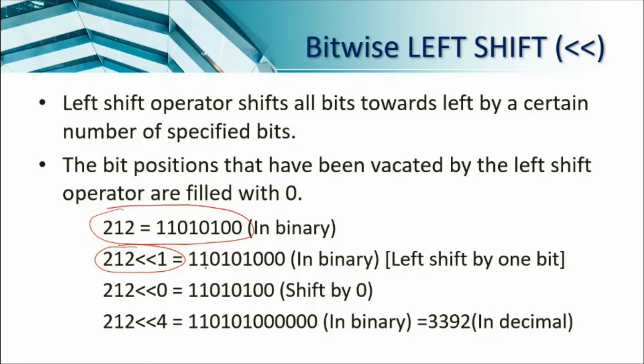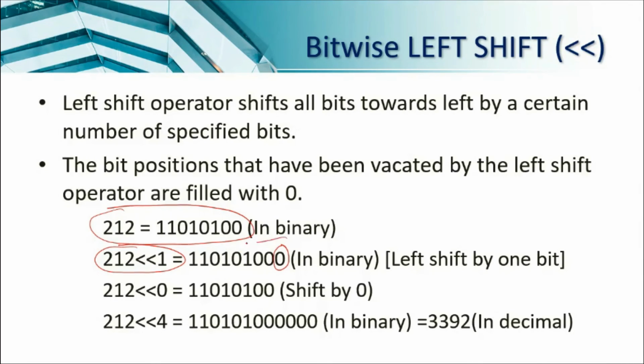So what we do is, for a particular value with a left shift, an additional 0 is inserted here.